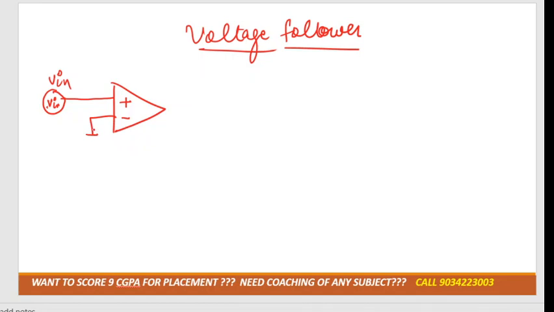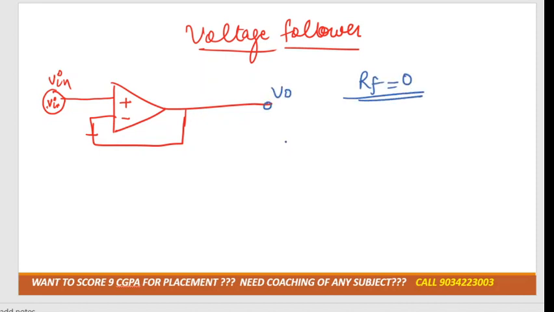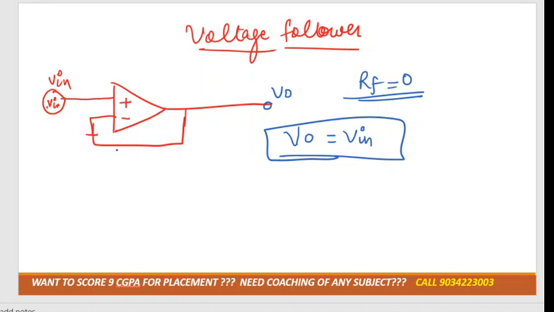The negative terminal is connected with the feedback resistance, but as you can see, the feedback resistance RF in this case is 0, and this is the output voltage, so the output voltage would be equal to the input voltage. As you can see, there is no feedback resistance, RF is 0, R1 is also 0. So this is the special case of the non-inverting amplifier where RF is equal to 0.